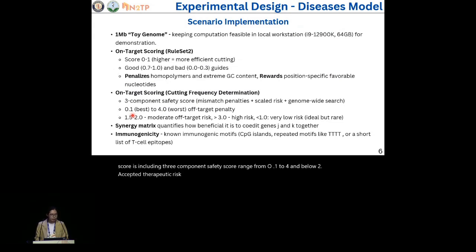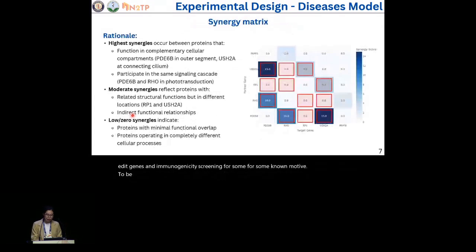We also integrate a synergy matrix that quantifies the benefit of co-editing genes, and immunogenicity screening for some known motifs. To be specific about the synergy matrix, we have 3 levels: high, moderate, and low, and the precise values are presented in the table.